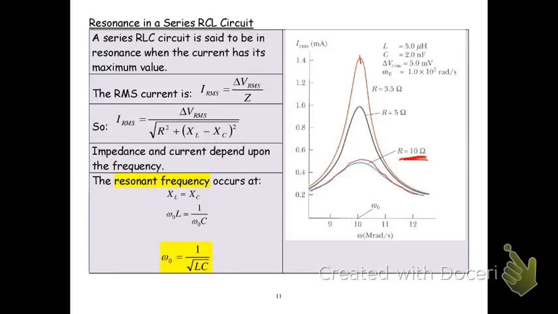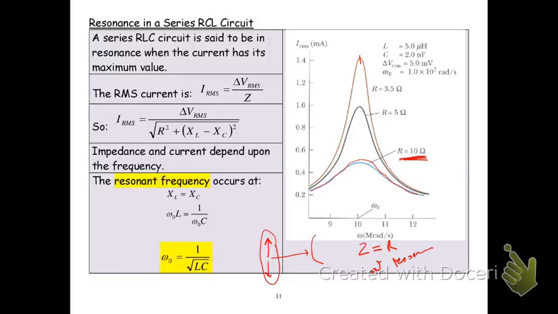If you think about it, when you're at resonance, when you're at the tuned frequency, these two reactances cancel each other. They're not zero, but they cancel each other out. So your Z is equal to R at resonance. If I make R smaller, I get a sharper peak.